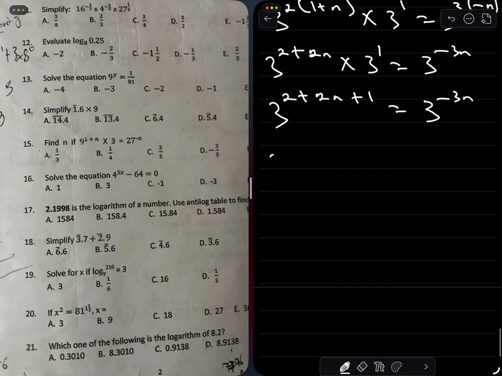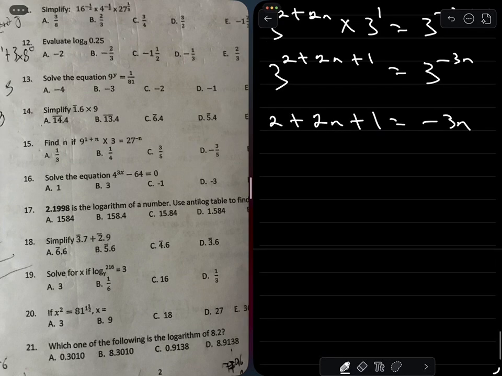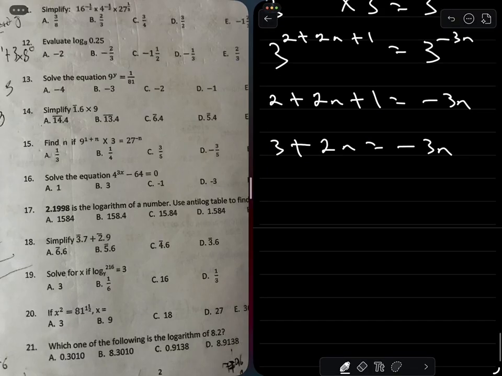Now that means 3 to the power 2 plus 2n plus 1 equals 3 to the power minus 3n. Now you can equate the powers. That means 2 plus 2n plus 1 equals minus 3n. 2 plus 1 is 3, so 3 plus 2n equals minus 3n. Bring minus 3n into the left hand side and take 3 to the right hand side.